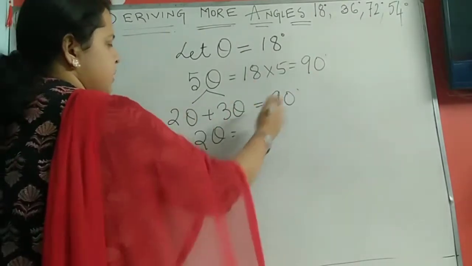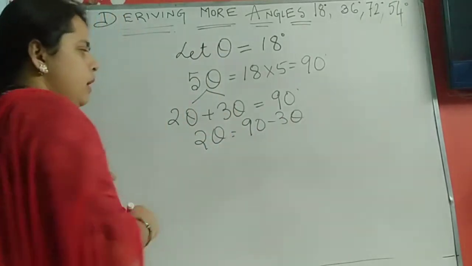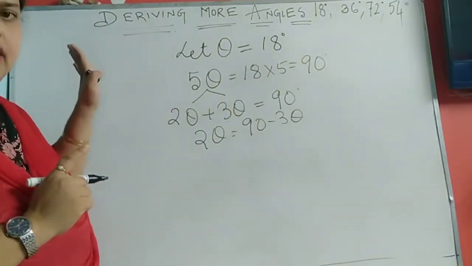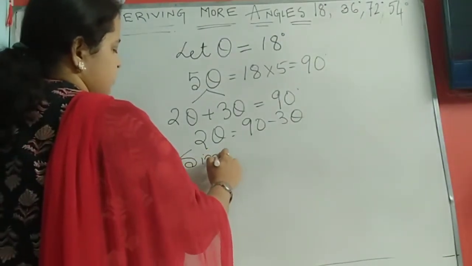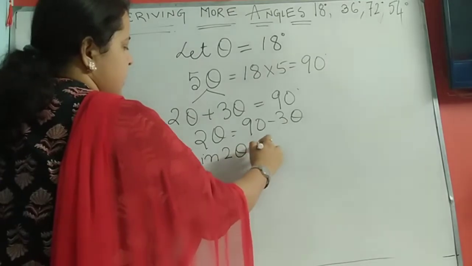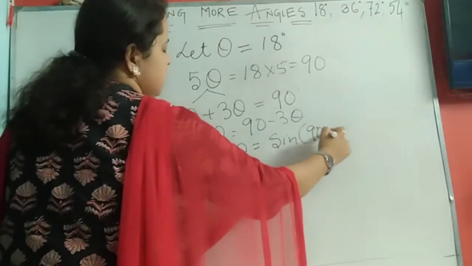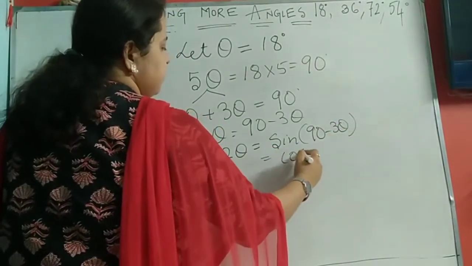Say for example, this 3 theta I am going to take on that side. Now taking sine, since it's a question for sine only, taking sine on both the sides, I am going to get here cos 3 theta.